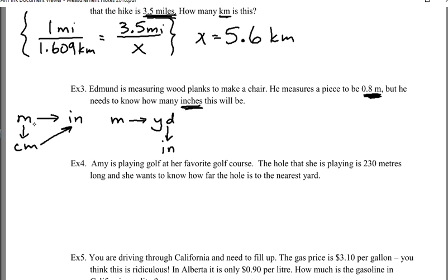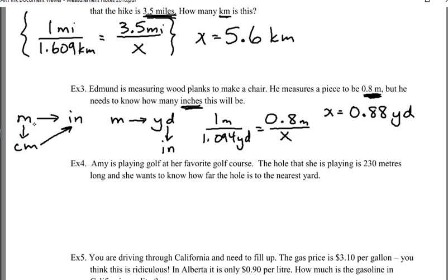I know that 1 meter on the chart tells me it's 1.094 yards, which means Edmund's 0.8 meters is so many yards. When we calculate here, I worked it out to 2 decimal places, 0.88 of a yard.